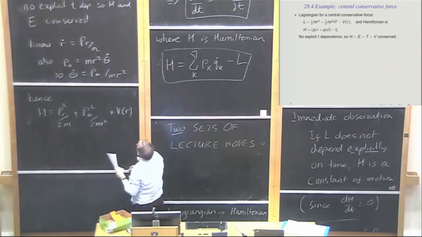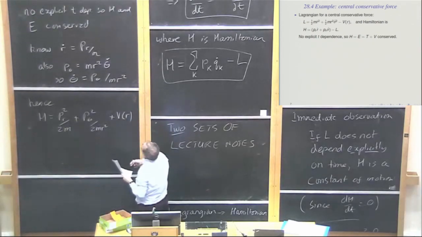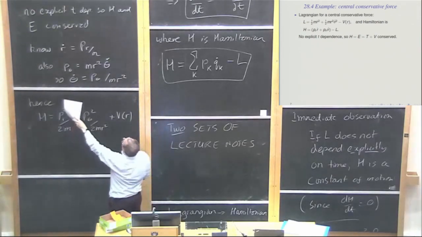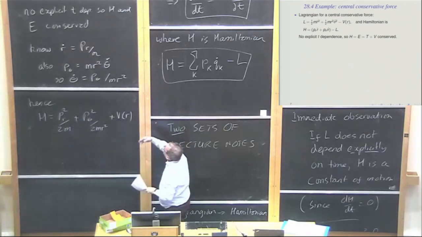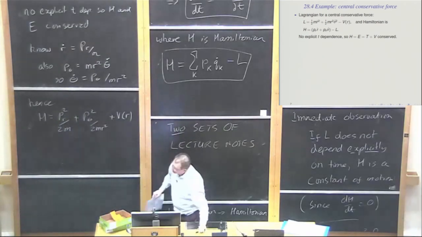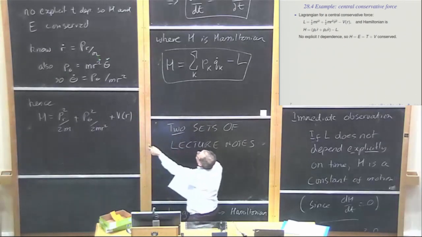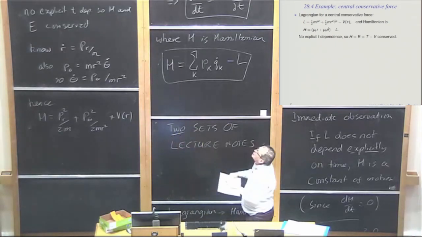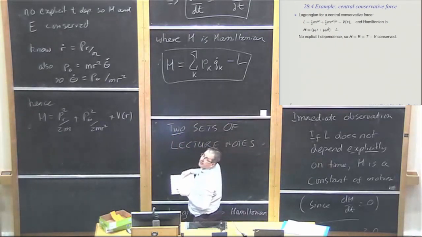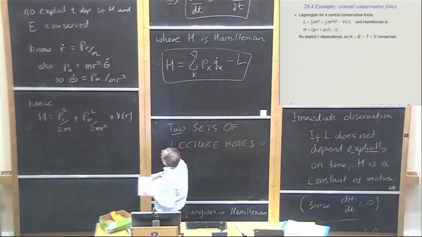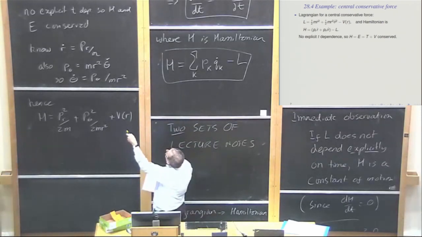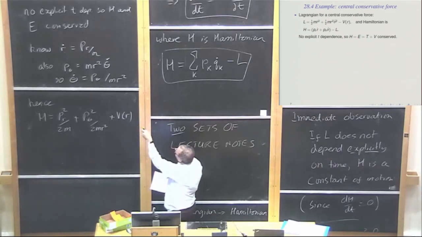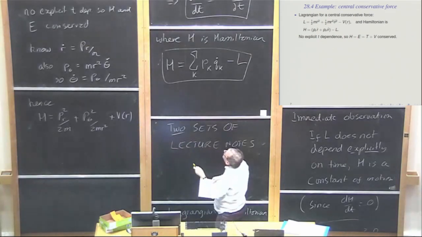I maybe should have written one intermediate step, so let me verbally give you the intermediate step. All I've done here is substitute this into these two terms, and these two terms will have given me two terms which are obviously twice the kinetic energy. So this first term will give me, for example, pr squared over m. This will give me p theta squared over m r squared.